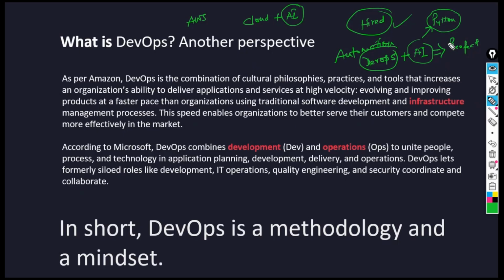You are not going to develop code for AI. You are not an AI developer, but you know the tools in the cloud, like AWS tools, which help you to implement AI over the cloud to make DevOps AI compatible. It's a very interesting and challenging technology which is coming, which is going to feed you for many years to come. So get prepared from now onwards to at least have the basic knowledge of DevOps. Without this, however good you are in AI will not help.